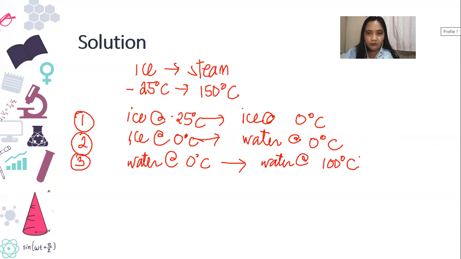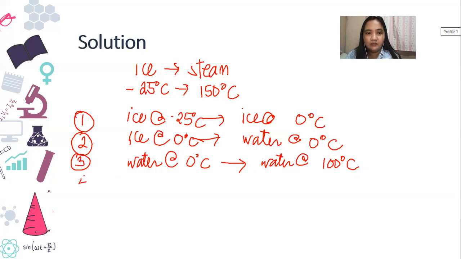I hope you can imagine what I'm getting at. You have to boil it. For it to become steam, it needs to go to a certain temperature and then you have to boil it. Okay. But it's still water. It's still water from this temp to that temp.